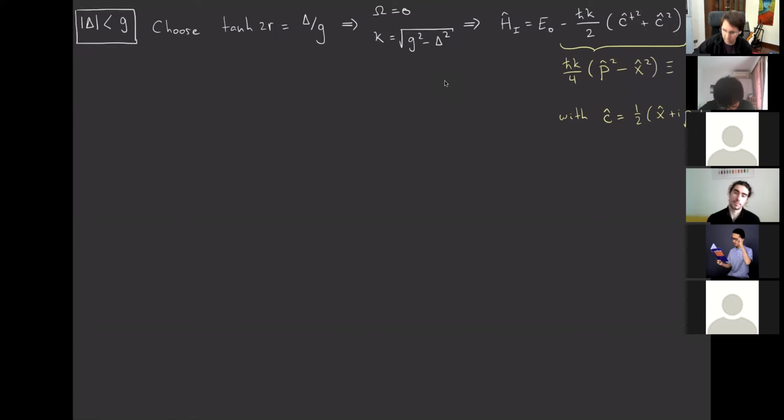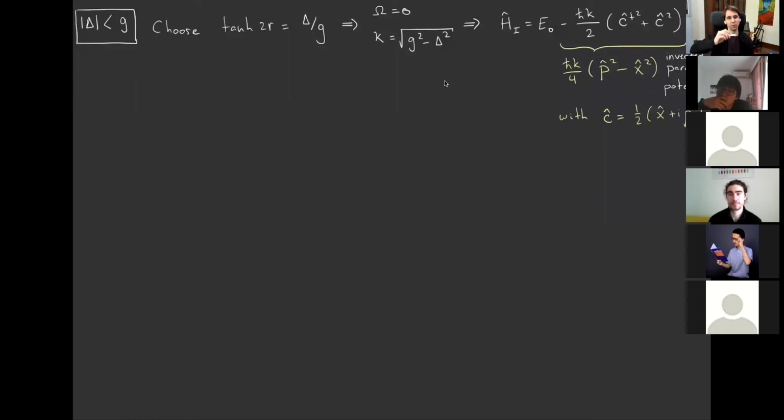And what is this? This thing here is just an inverted parabolic potential. Or in other words, we have a particle which has some kinetic energy, p squared, but the potential is not just a parabola x squared, it's a parabola with a minus sign, it's minus x squared.